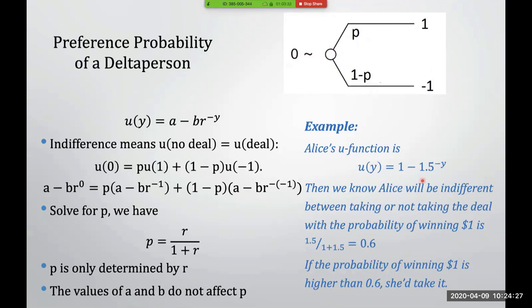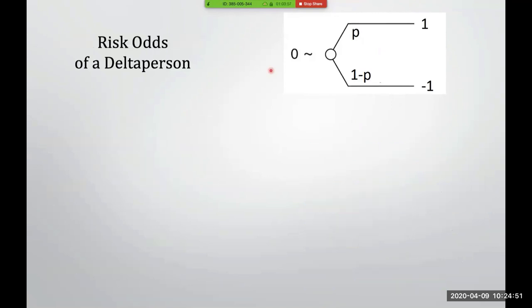So as we have defined before, the risk odds of a person is just the ratio between the preference probability and 1 minus the preference probability, meaning the risk odds of a person is just P over 1 minus P. Okay, so let's take a look at that.